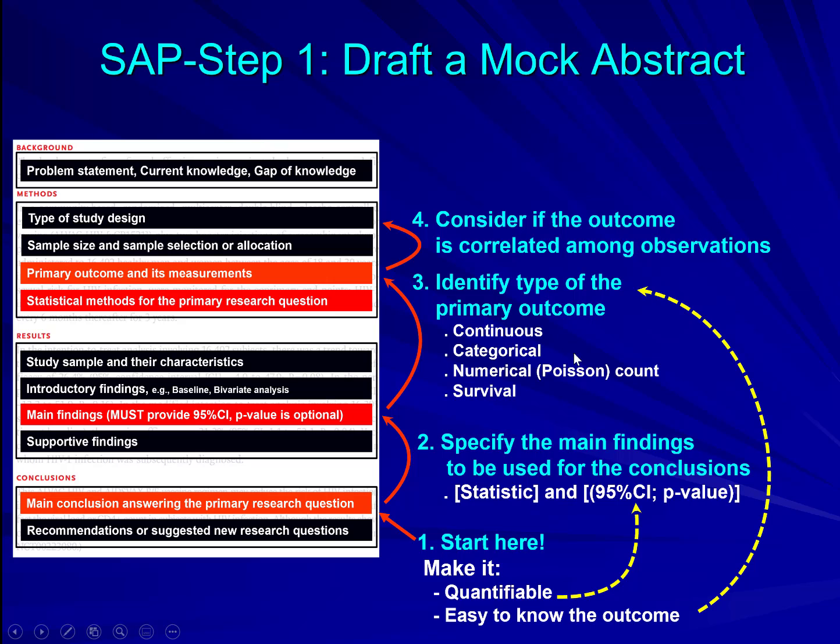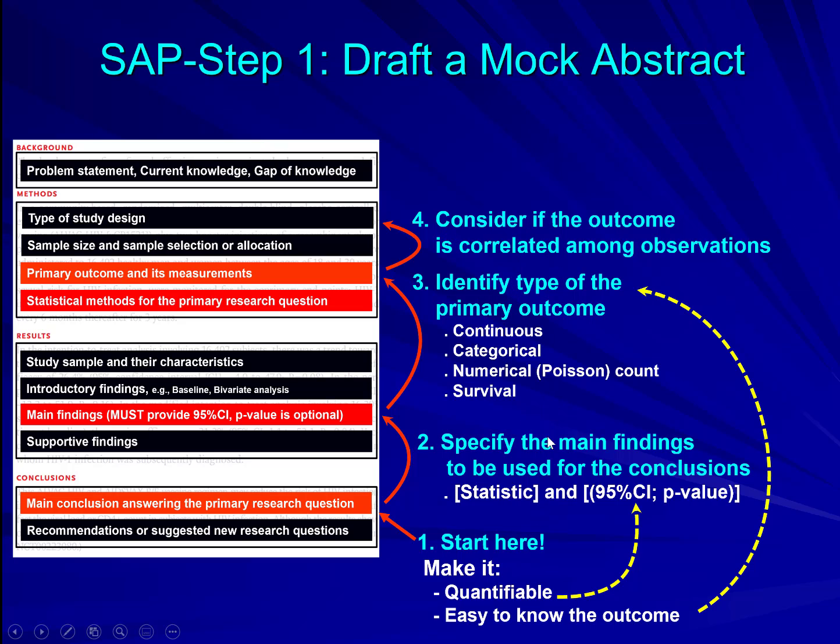And then consider whether the outcome is correlated among observations, or there is dependency among observations or not. The details should be here in the design section. Provide details that are essential for statistics.